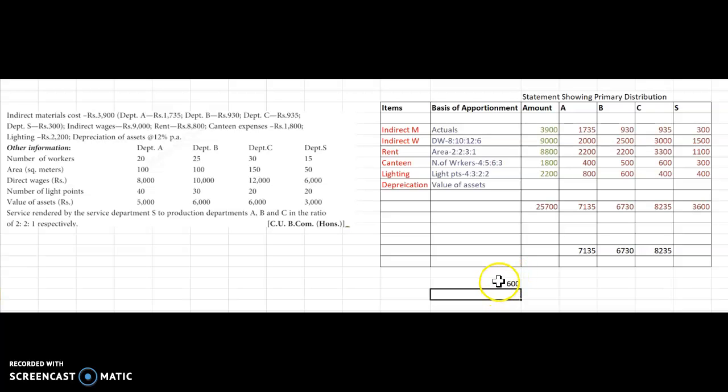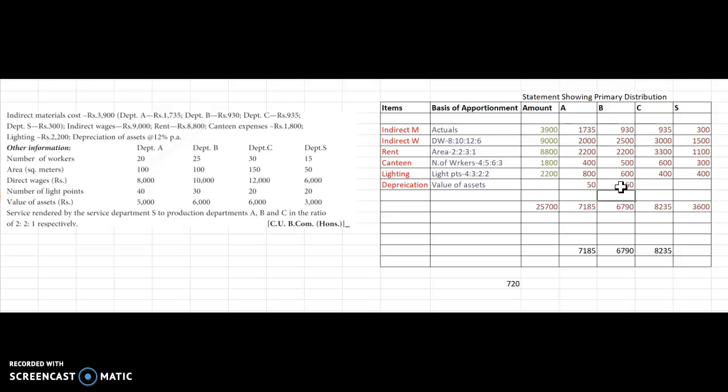So if you are taking it as 600, this is basically the data which has been given to us on a monthly basis. So 12% per annum means 600, therefore per month it's going to be 50. Then for B, it will be 6,000 into 12%, which is 720. 720 means monthly will be 60.